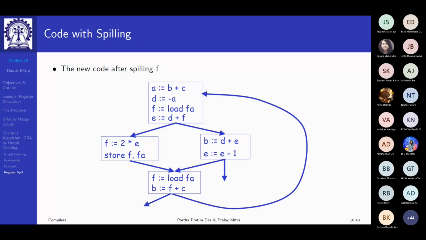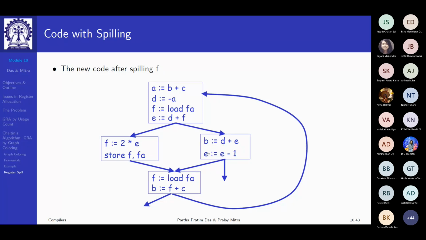So now I change my code. You can see here F has a use. Before that, I introduce a load statement, F assigned load FA. Similarly, here in the block on the left, I have F assigned 2 times E. A new F is computed, so I have to update the memory: store F to FA.